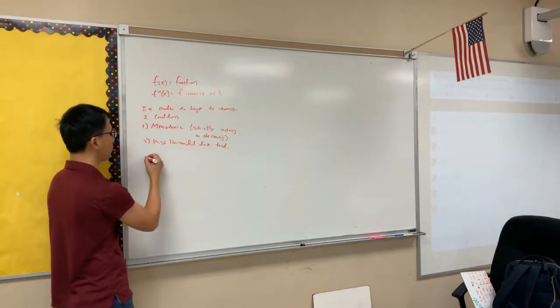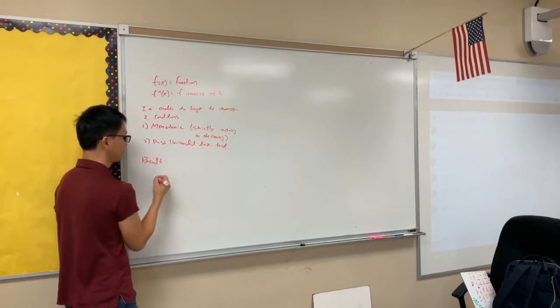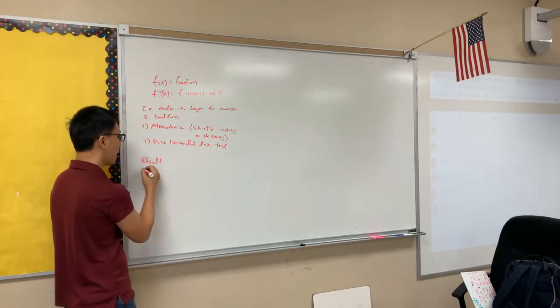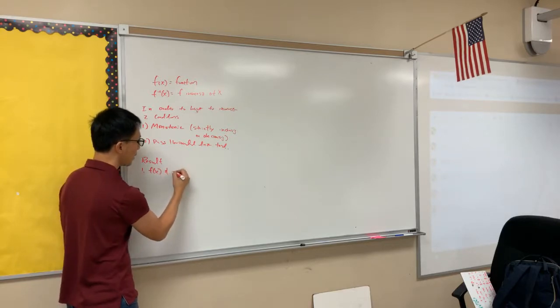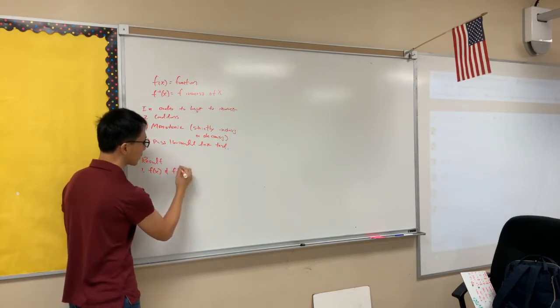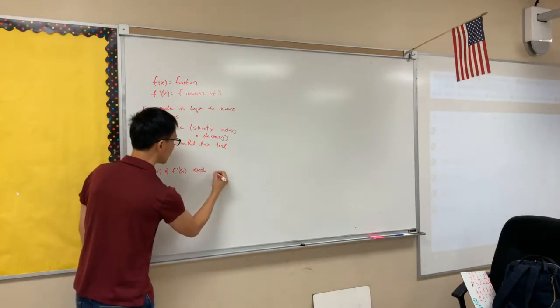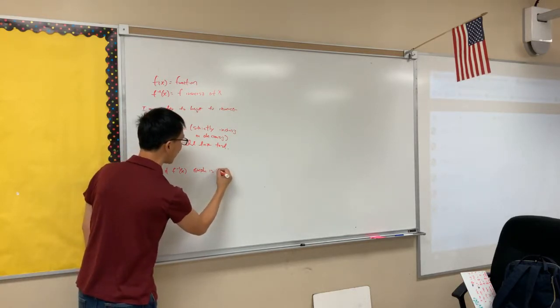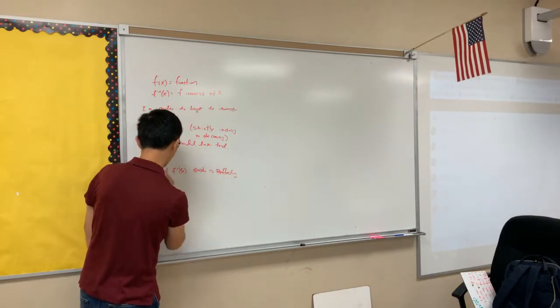And the result, what kind of result are you going to have? The result is that the graphs of f of x and f inverse of x are going to reflect across what?